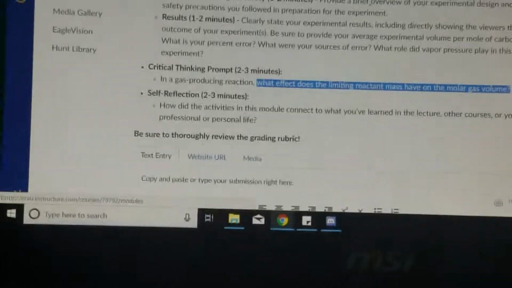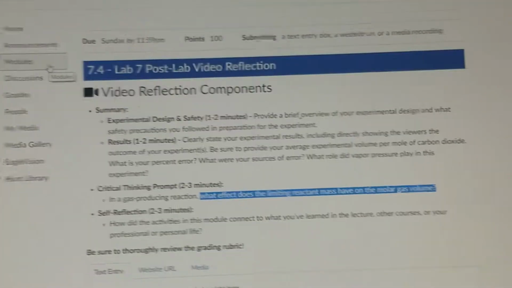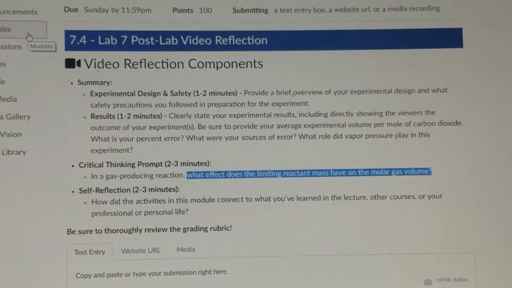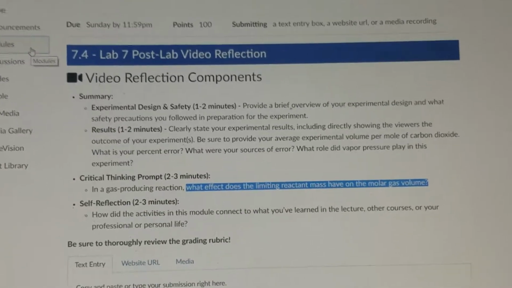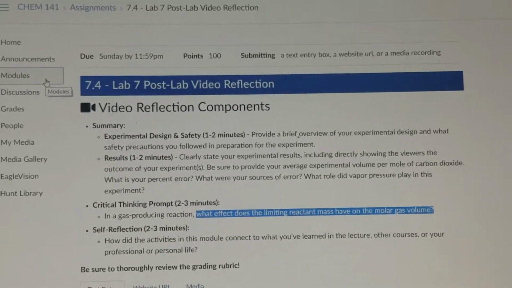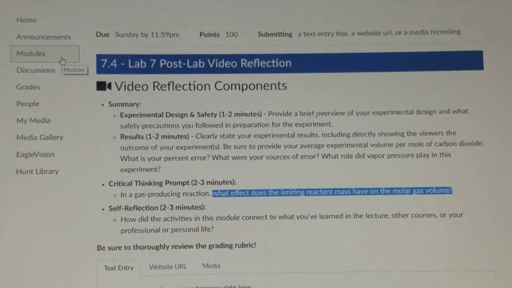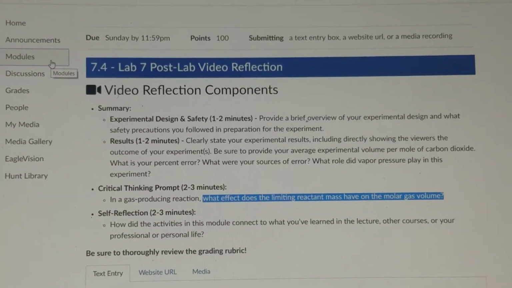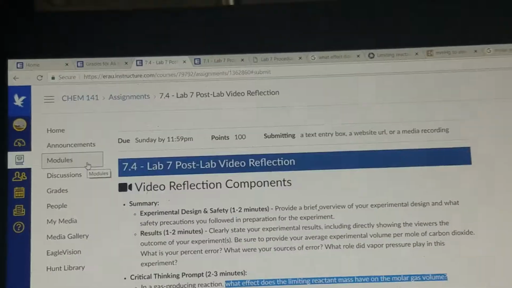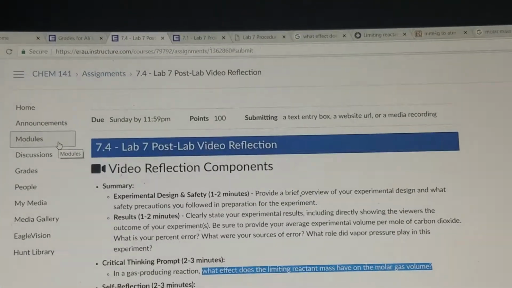So all this, actually, I'm not sure how I could connect it to my personal life yet, because honestly, I've never actually used the ideal gas law in real life.